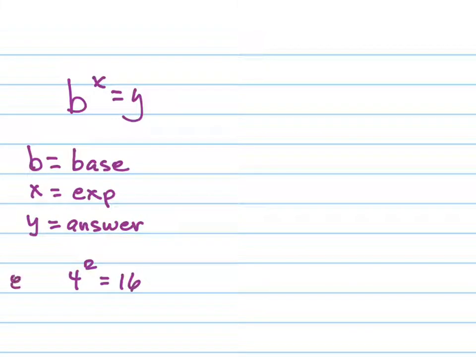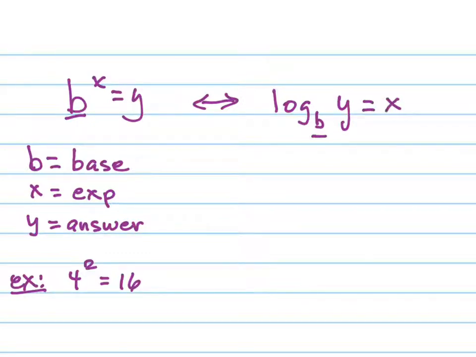Okay? Standard exponential notation. Well, we can rewrite that as a logarithm: log with a base of b. Remember, the base of the exponent is the base of the logarithm, and y equals x. So what's happening is these two, the y and the x, are simply switching positions, and the base becomes the base of the logarithm.